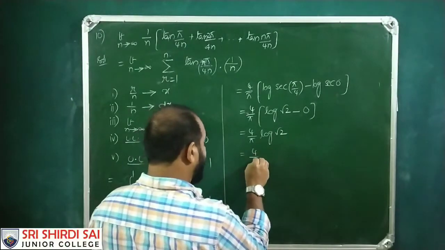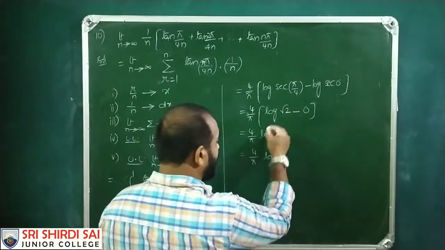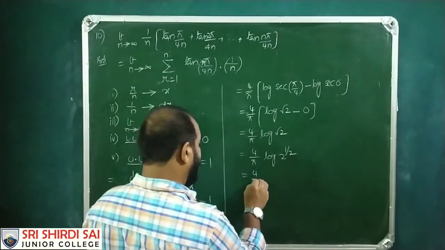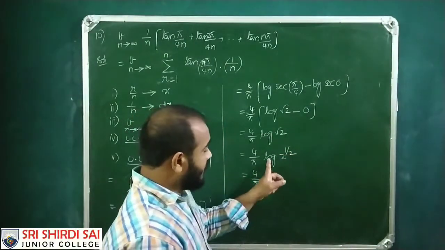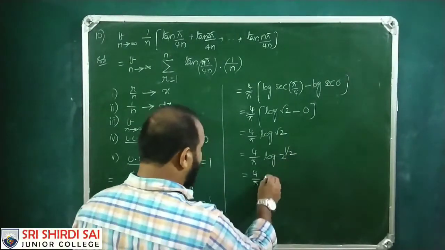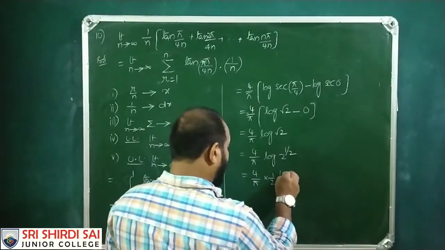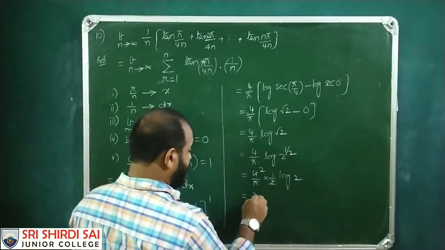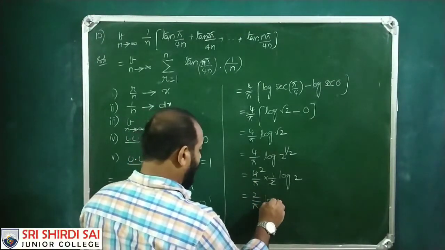Root 2 is 2 power 1 by 2. Using log a to the power n is n log a, this power will come forward. So 1 by 2 log 2. So this is equal to 2 by pi log 2.